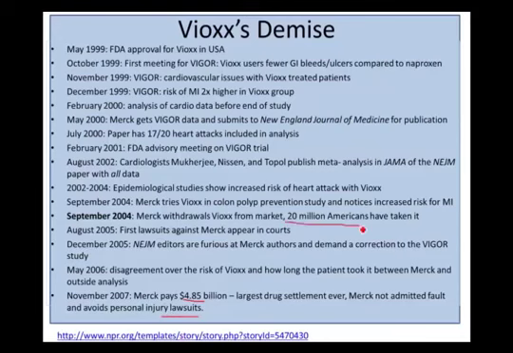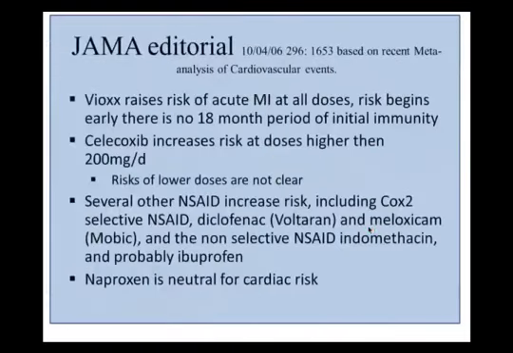Why so? 20 million Americans took this drug, and I don't know if I have the numbers in here, but it had a much enhanced risk of heart attack for patients who were on Vioxx. Okay, so this is probably a good example of what not to do.